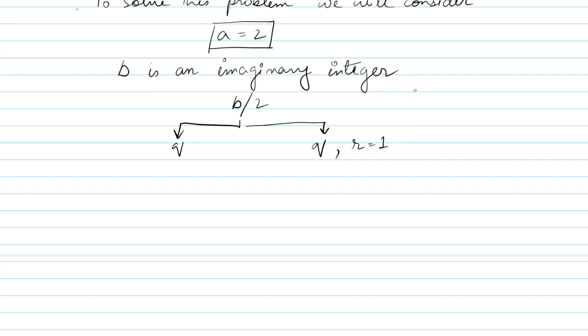So for this we can write b equals 2q, and for this one b equals 2q plus 1, where b is even in the first case and b is odd in the second.